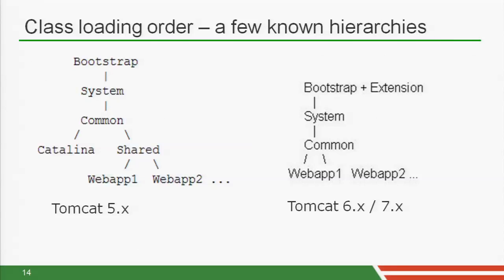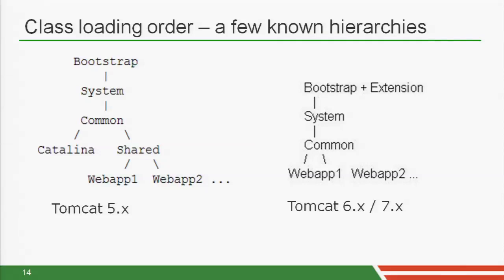You see here, for example, the differences in the class loading hierarchy between Tomcat 5 and Tomcat 6. And again, we have to be aware of them because we need to instrument the classes correctly because of the aspects. And the reason you need to do that so you get the most accurate? No, it's not most accurate. Like I said, an aspect is a class. A class in Java.